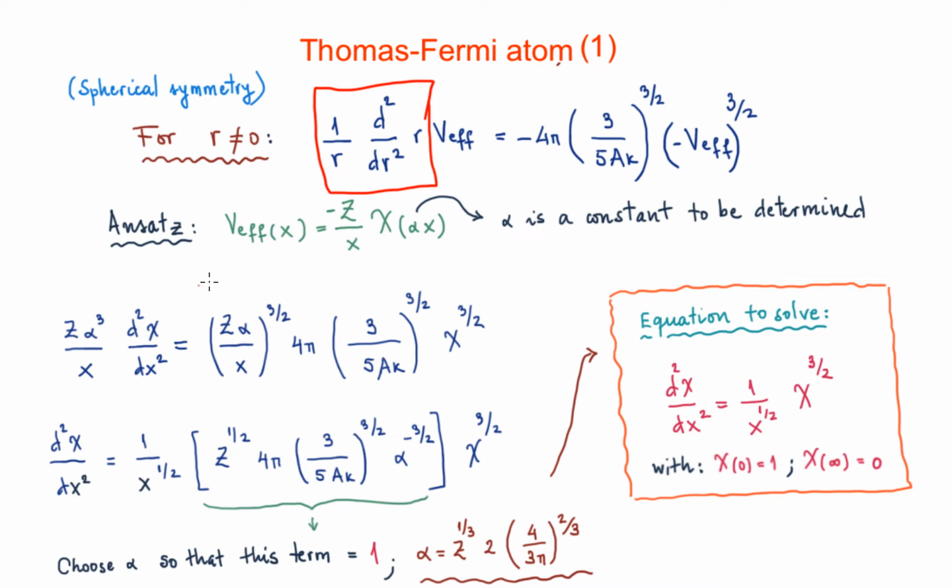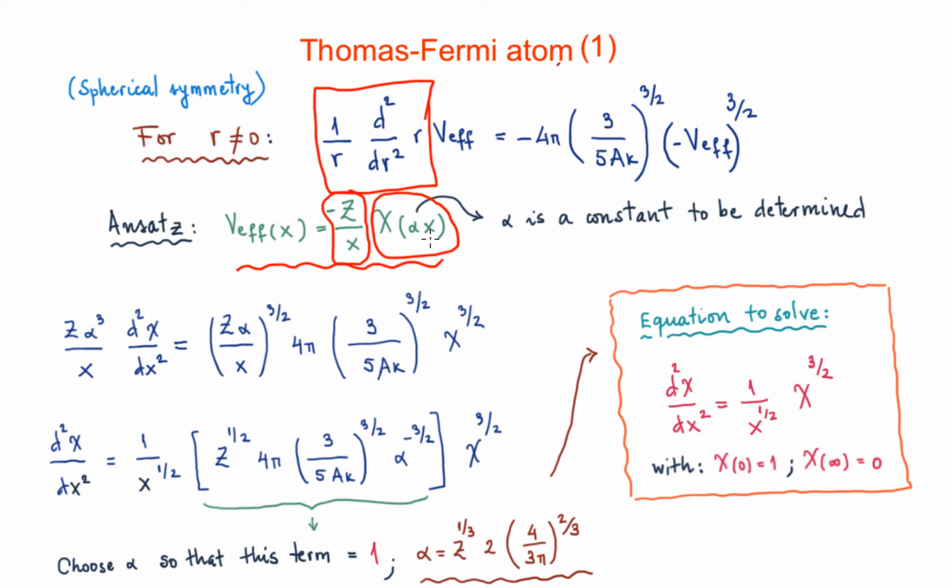So the next step, we're going to make that equation a bit nicer. For that, we are going to consider the following. We are going to write the effective potential in this way. First we have this term here, which is the solution we have for r equal to 0, very close to the center, times the t function, where the t function is going to be dependent on alpha, which is a constant that we want to determine.